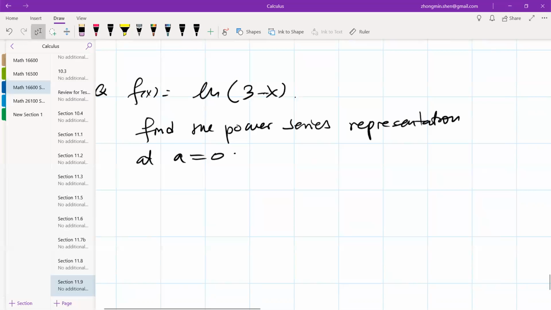Well, first of all, you recall the formulas we already got, right? The two formulas: one is natural log of 1 plus x, the other one is natural log of 1 minus x.